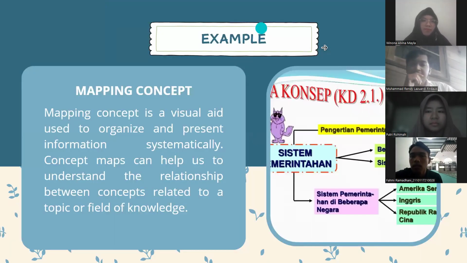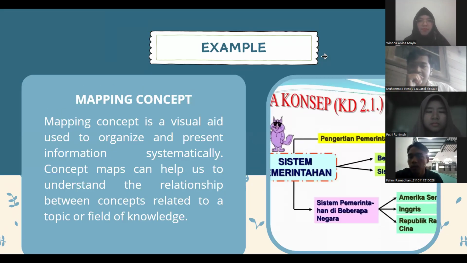Right, these are examples of content mapping. First one is mapping concept, or in Indonesian we know as peta konsep. Mapping concept is a visual aid used to organize and present information systematically.